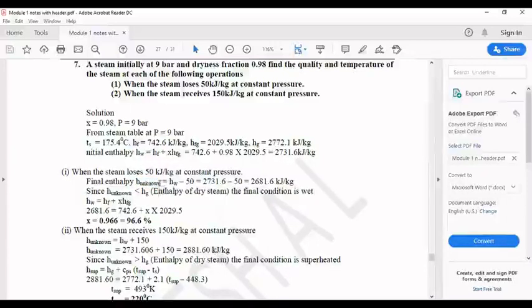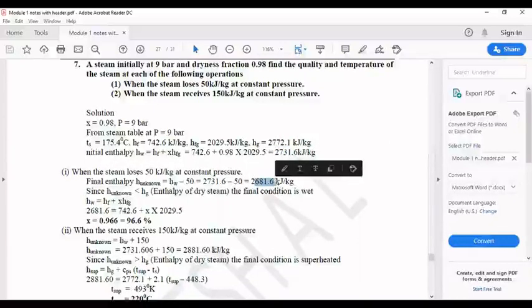Since I don't know the condition, I simply write H unknown. Obviously, if it is wet steam and loses 50 kilojoule, it would still be wet steam, but I still write H unknown. That is equal to HW, the initial value, minus 50 kilojoule. When I subtracted 50 from the initial value, I got this answer.